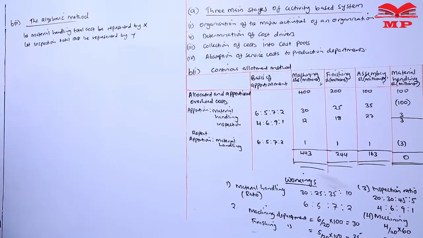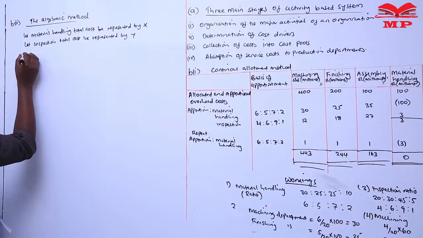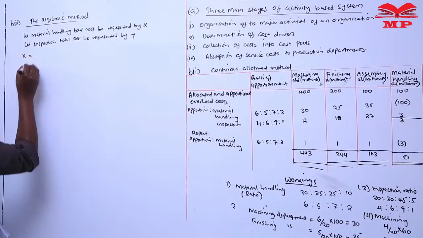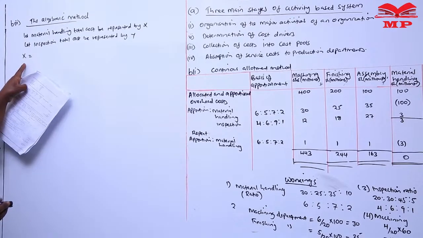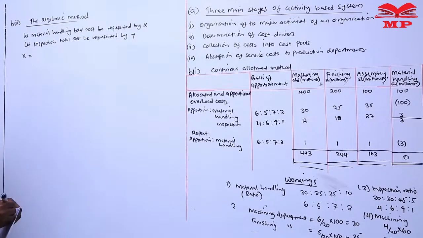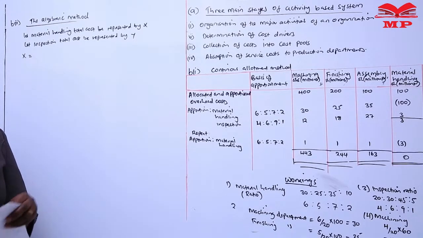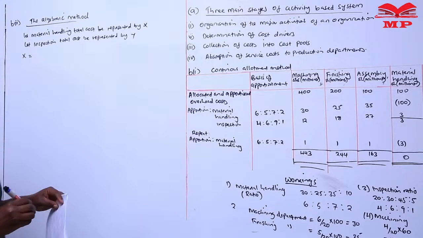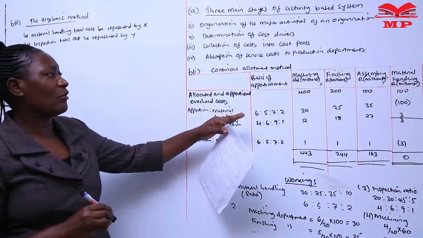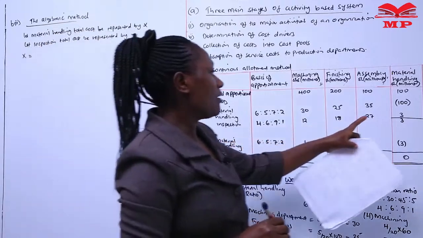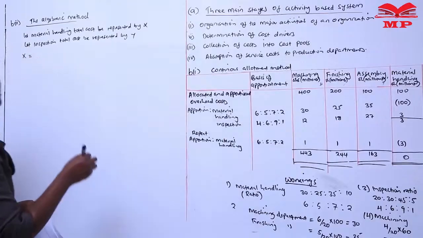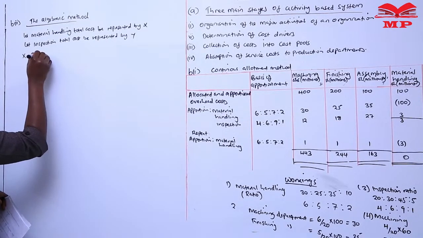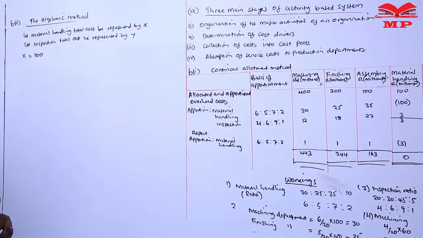So we want to formulate the equation for material handling, which is represented by X. So we'll say material handling, or X, equals the original and the allocated amount that is to be apportioned or allocated to material handling. From this table, you can see that it is 100 million. So the equation is formulated into two parts.